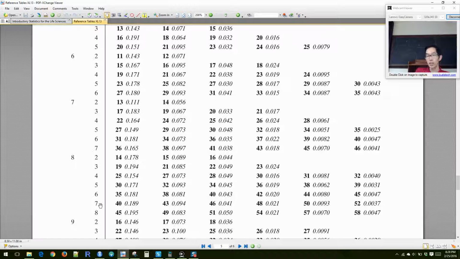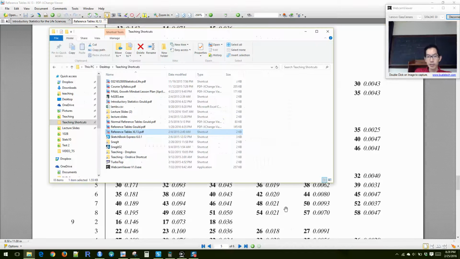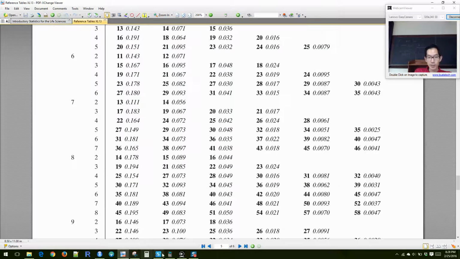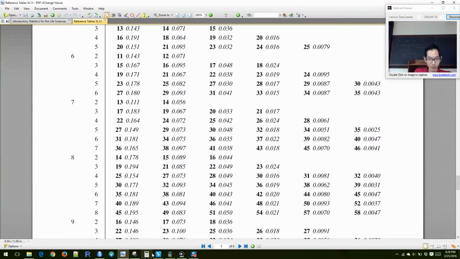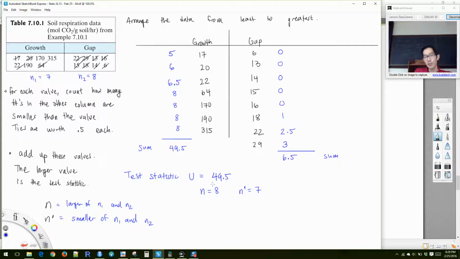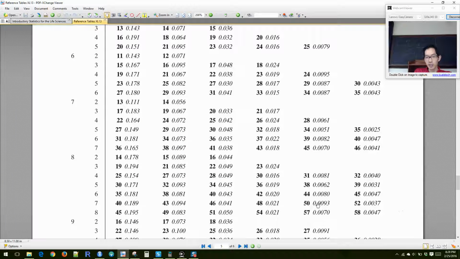It lists in bold print test statistics and the corresponding p-values. If my test statistic were 50, then I would know my p-value would be exactly 0.0093. But here I get a test statistic of 49.5, so all I can say is my p-value is somewhere between 0.021 and 0.0093.